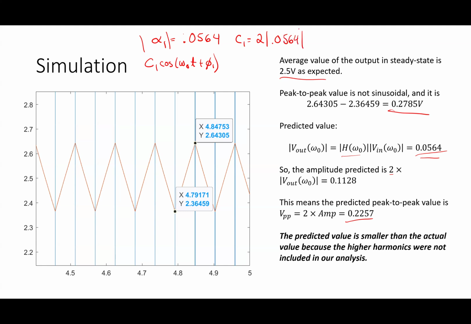The peak to peak value is always from the bottom to the top, so that brought this to 0.2257.